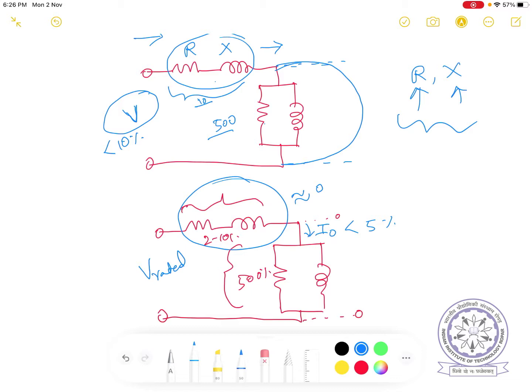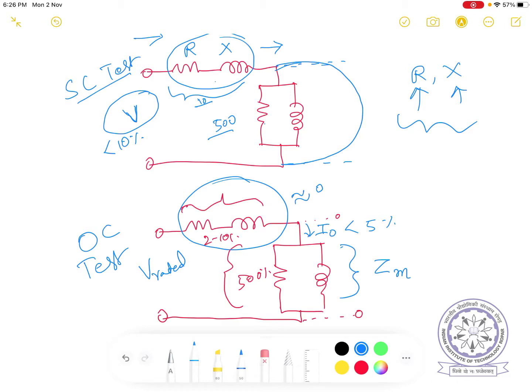In this case, using the voltage, the current, and the losses measured through a wattmeter, this shunt branch impedance Zm can be found using the open circuit test. So this is the OC test, and this is the SC test.